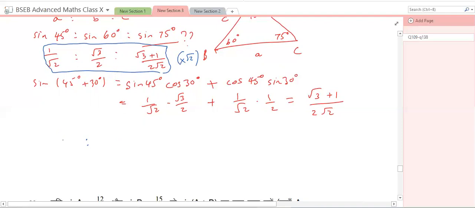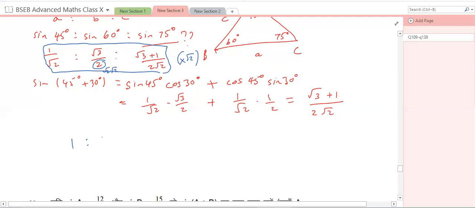So what we can say is 1 over root 2 times root 2 is 1. So root 3 times root 3 over 2 times root 2. Now there's a root 2 over here. You can write it as root 2 times root 2, so this and this can cancel out.